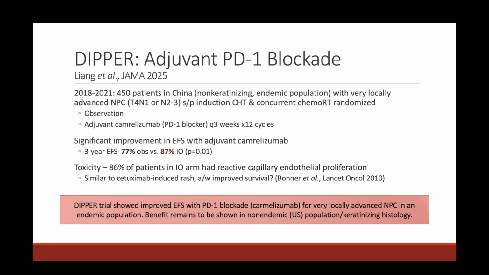So that's just an interesting little tidbit that they did highlight in the Quad Shot News article as well. But the key takeaway here is that this DIPPER trial looked at adjuvant PD-1 blockade specifically for patients with very locally advanced nasopharyngeal cancer in an endemic population, and found that there was a significant improvement in the event-free survival. So I'm sure that will be studied further and may end up resulting in a change in the treatment paradigm.